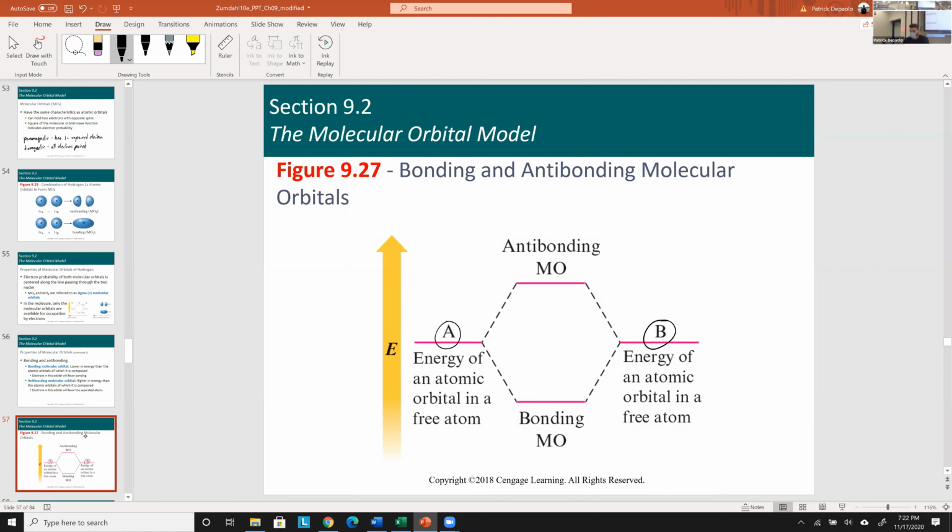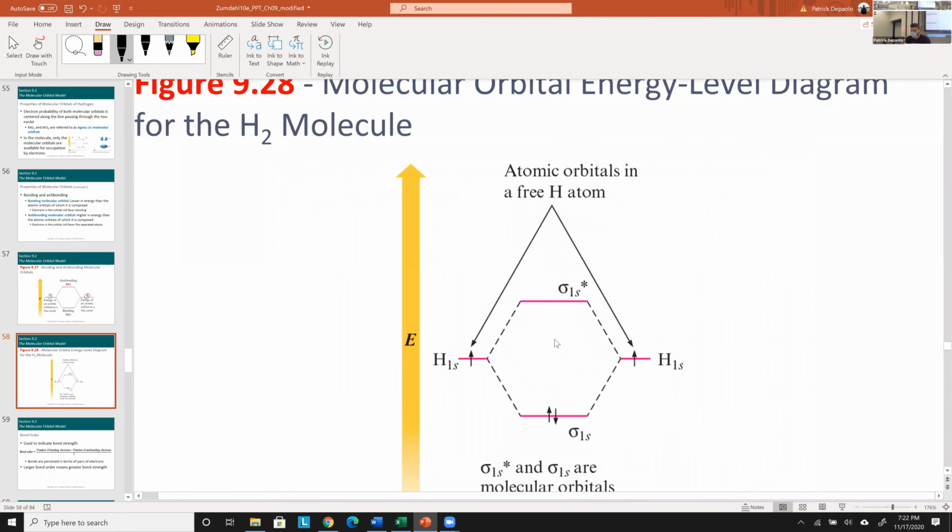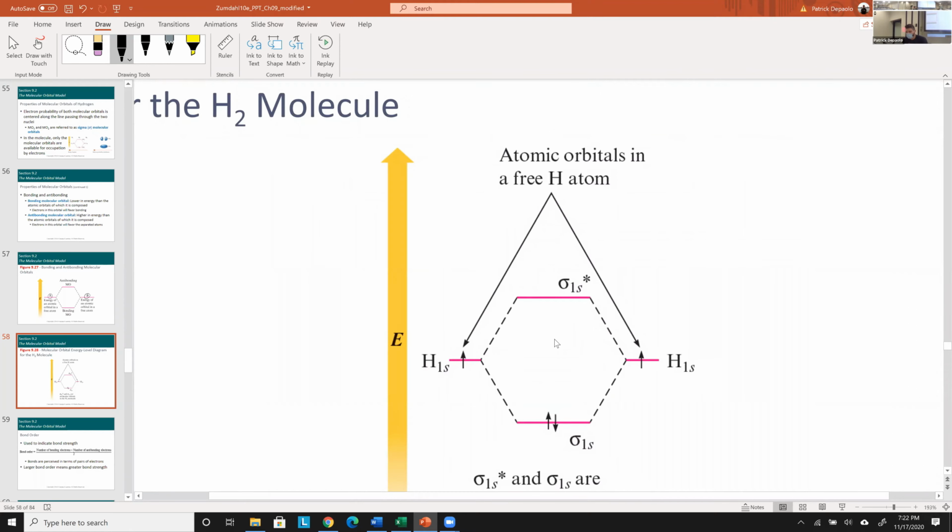Okay, so the way we're going to do this, hydrogen is the easiest one to look at, and I'll blow this up for those of you who are looking online. So hydrogen has one electron in the 1s orbital, right? So you draw your 1s. It's got one arrow. Then you draw what we call your sigma 1s, because it's only going to be a sigma for hydrogen, because this is 1s.